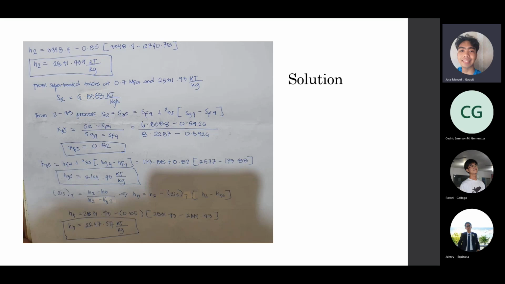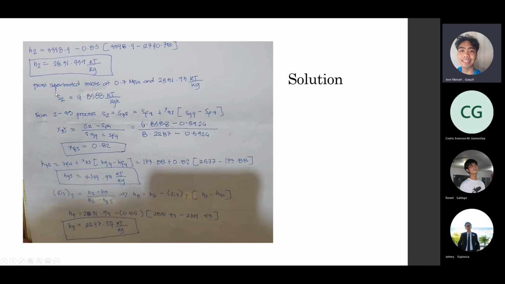We got 85% here, and then we move the variables around so that we'll be able to get H2 using H1 and the H2 from the table. H2 here stands for the actual enthalpy of the turbine, and for the isentropic one, we'll be using a subscript of S, so this will be H2S. So H2 here is the actual enthalpy, and we get this value.